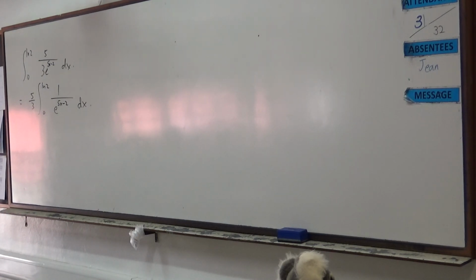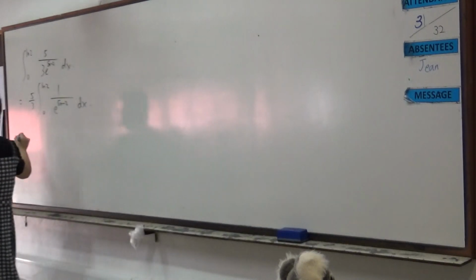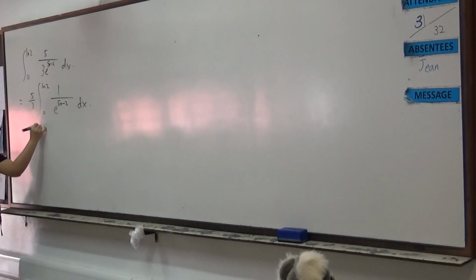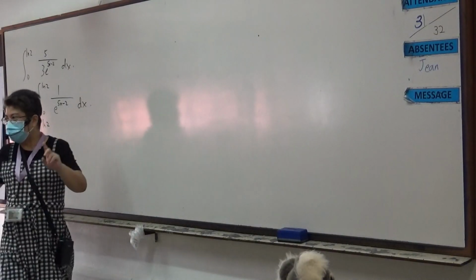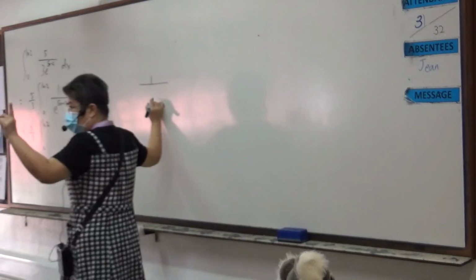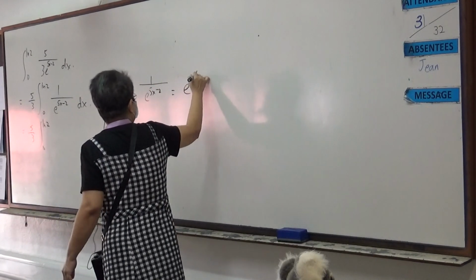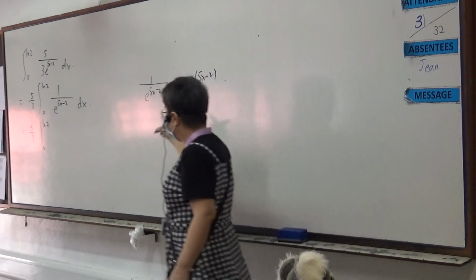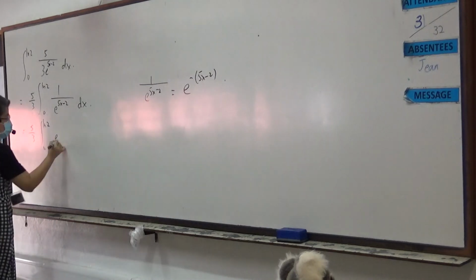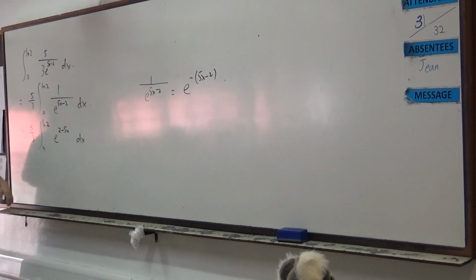Okay, now look at the things now. I'm going to rewrite something. This one means I'm going to write over this indices, is e to the power of this one. So if I write it as e, it will be 2 minus 5x, right? It's easier to do it this way, correct?